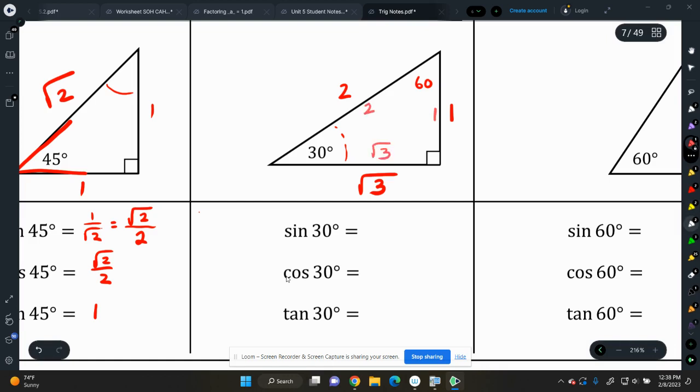Well, if I look at those 3 numbers, 1 is clearly the smallest, so that's going to be on the shortest side. Well, 2 is larger than the square root of 3. How do I know that? If I were to represent 2 as a radical, what would it be? Square root of 4, right? So 2 is the largest number, so that should be on the hypotenuse.